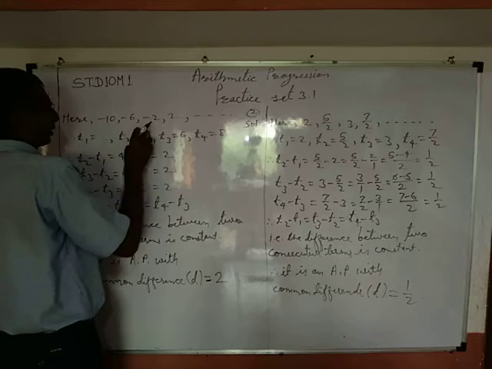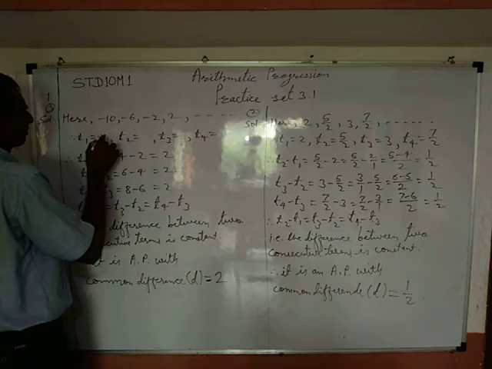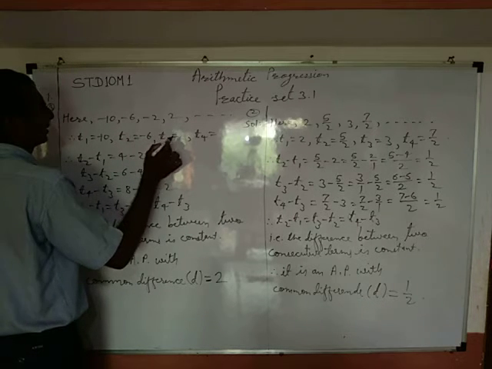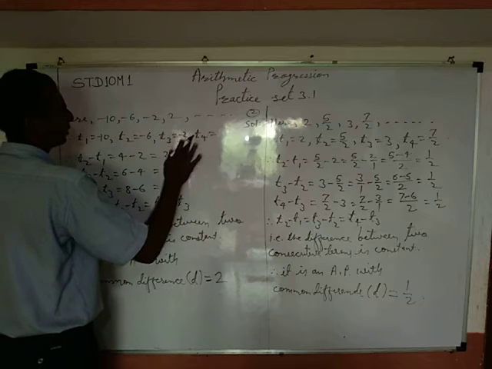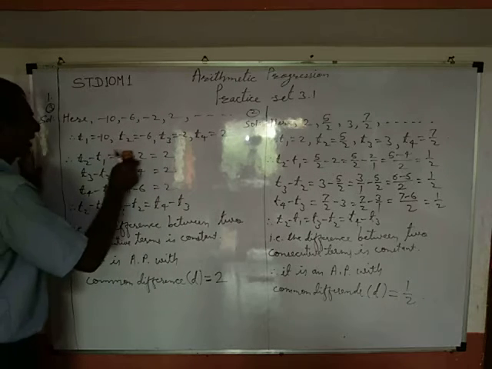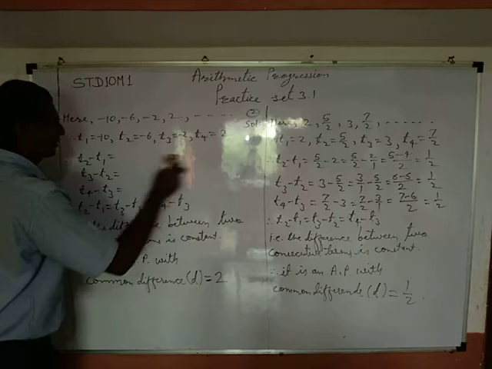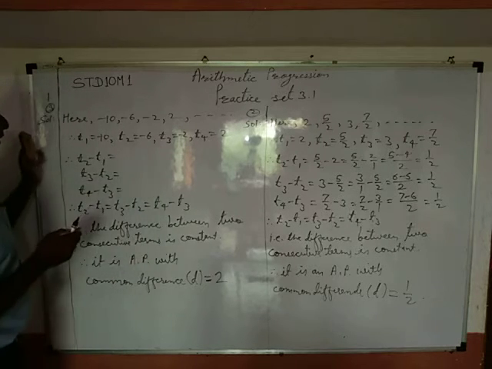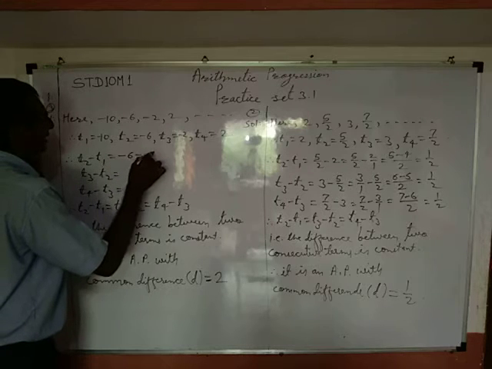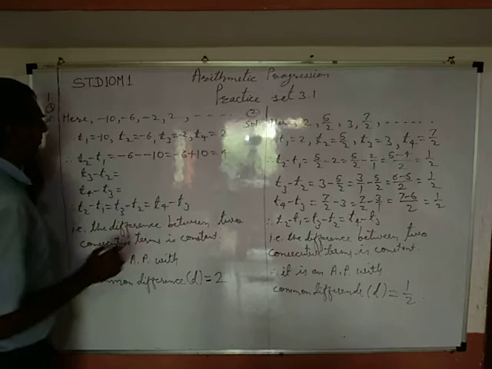And therefore T1 equals -10, T2 equals -6, T3 equals -2, T4 equals 2, and therefore let's find the difference between two consecutive terms. T2 minus T1 equals -6 minus -10 equals -6 plus 10 equals 4.